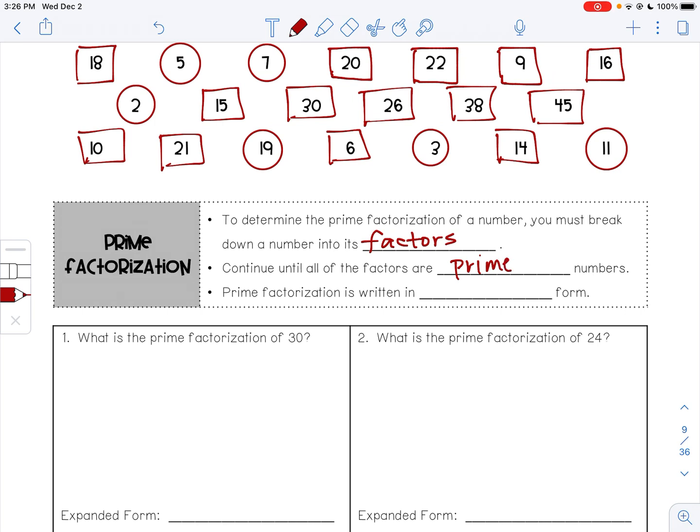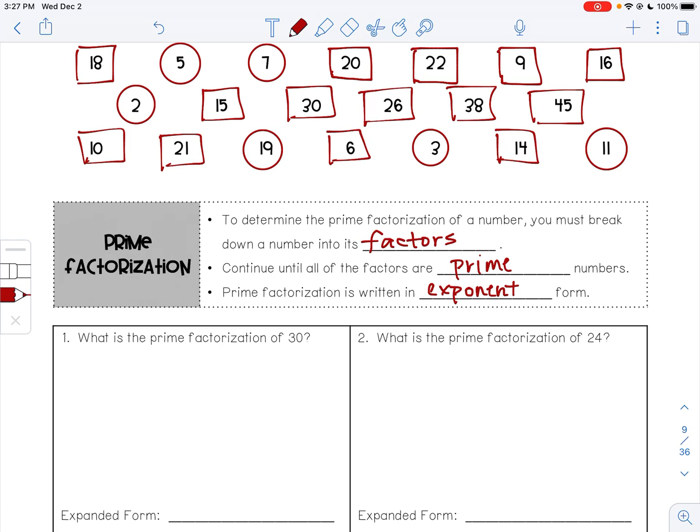And also, prime factorization is written in exponent form. Now, we have talked about exponent form before on Monday. So if you have questions with exponent form or you don't remember, I would highly suggest going back and looking at Monday's notes to check that out.